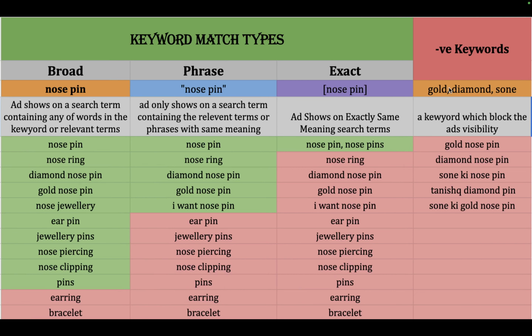Adding all of these single words in negative means that when any search query has any of these terms in it, say someone types in gold nose pin or diamond nose pin or Sone nose pin, ads are not going to show up. That's why the best possible way to control the campaign is to simply use single word negative keywords.